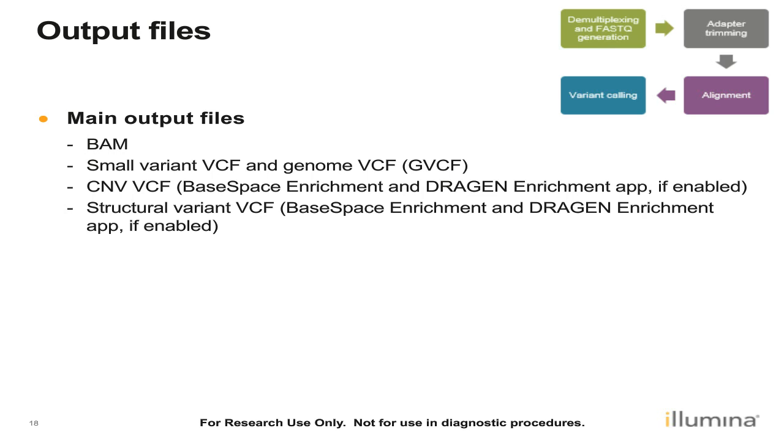We have our VCFs and genome VCFs, if that is an option that's selected. We'll talk more about those in a moment. Then we have our CNV VCFs, so a separate file that will tell us if we see any copy number variations, as well as the structural variant VCF, again, telling us if there's any structural variant changes.